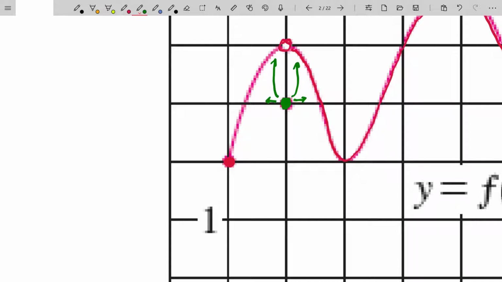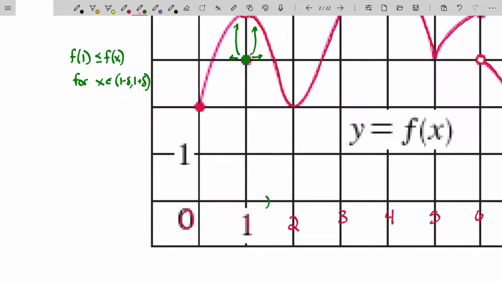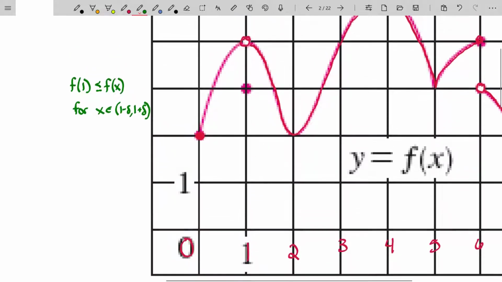Because of that, f of 1 is less than or equal to all function values in a neighborhood about 1, for x in 1 minus delta to 1 plus delta. In other words, we have a small neighborhood about x equals 1, and in that small neighborhood, all the y values are above f of 1. So f of 1 is considered to be a local minimum.